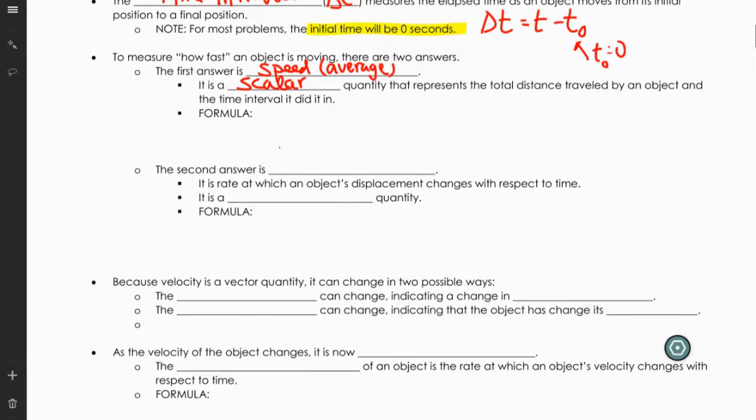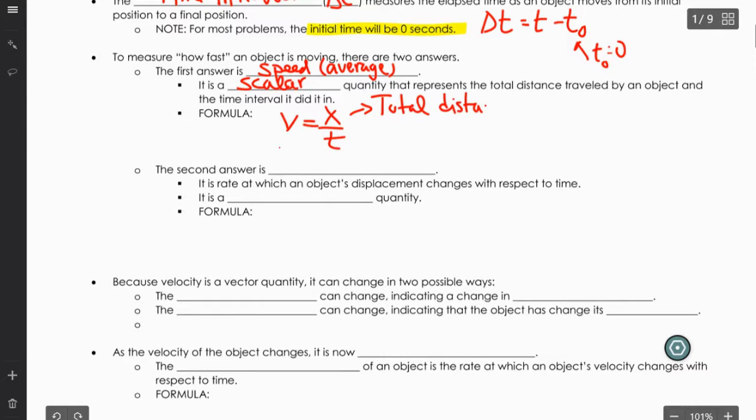We just care that it traveled a distance in a time, going from point A to point B. The formula is very simple: it's x over t, where x represents the total distance traveled, and t is simply the time it took. The second answer is velocity.